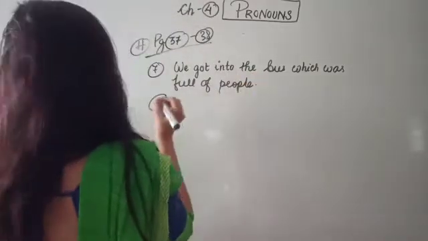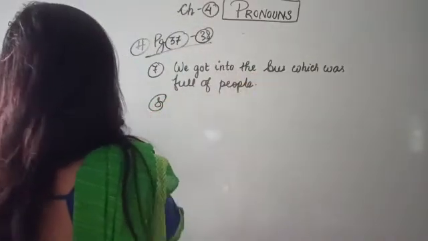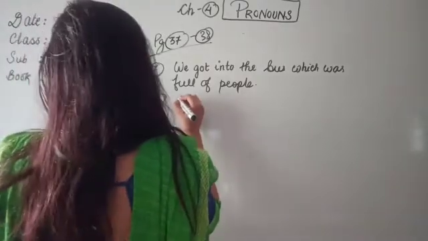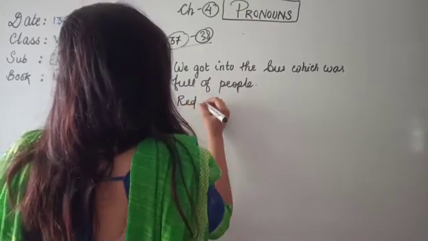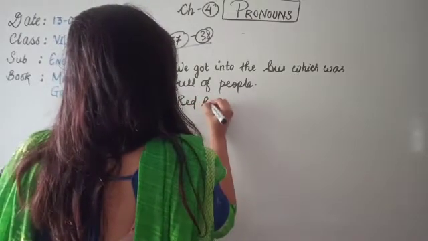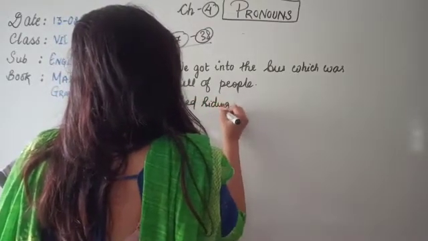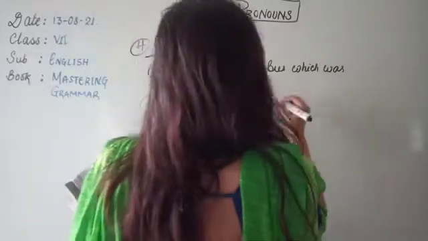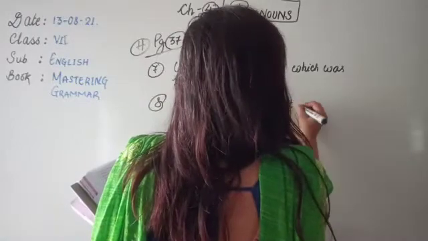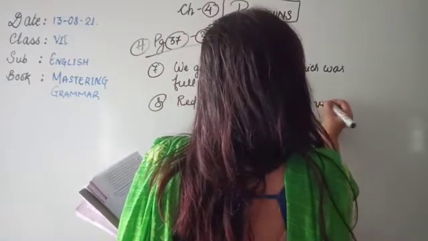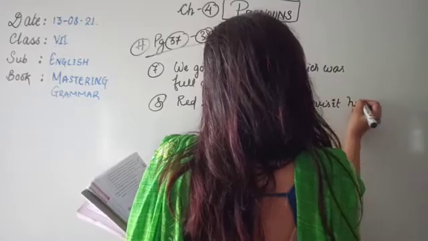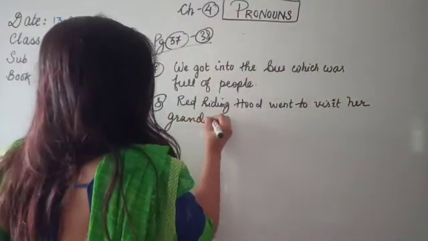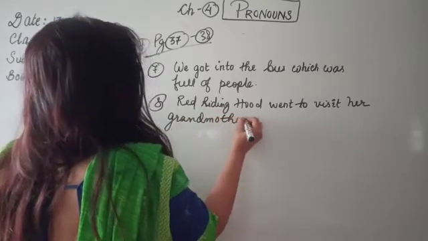Number 8. Red Riding Hood went to visit her grandmother. Now grandmother was bedridden, okay, so we have to see that also.